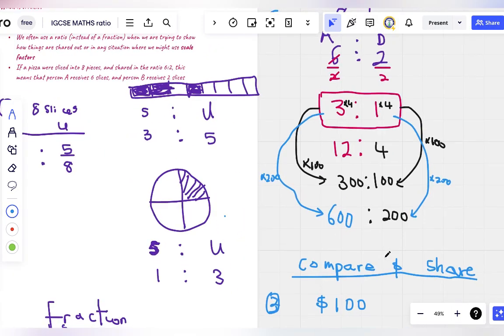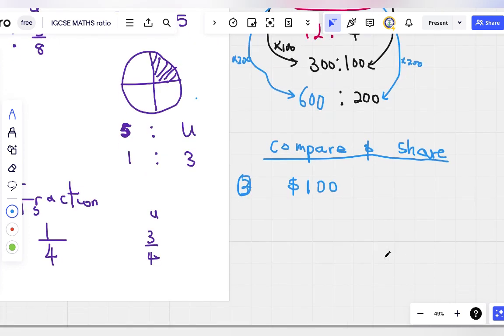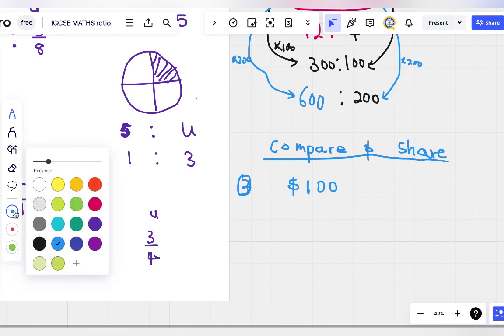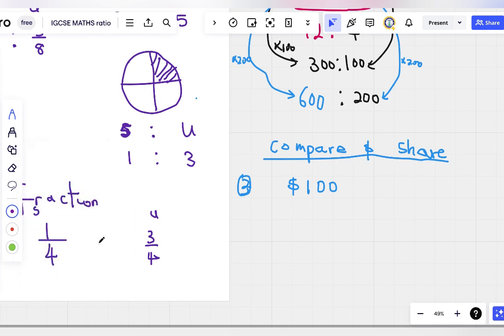Okay, so we'll be given $100 by our close relative or our father. Now we want to share the $100. Faiz is excited.